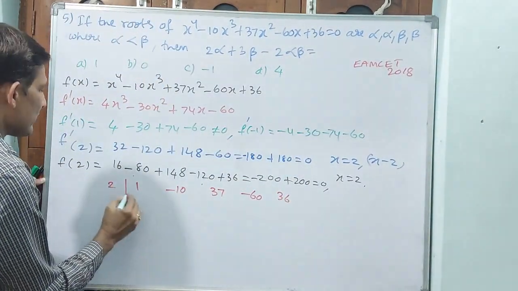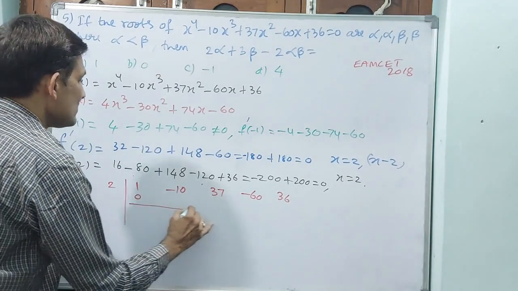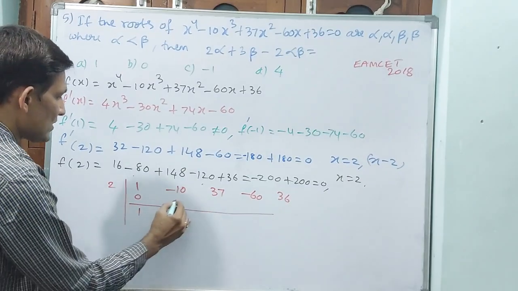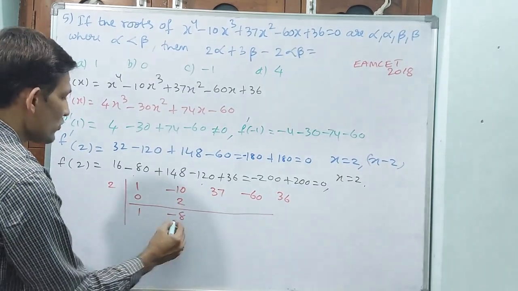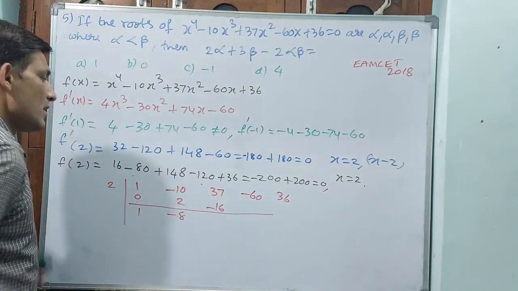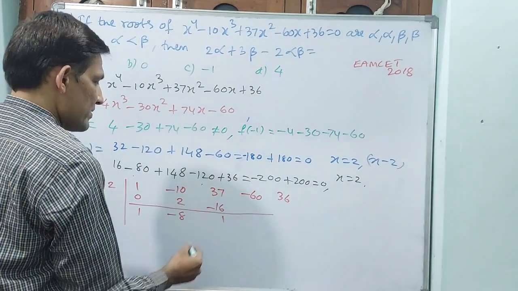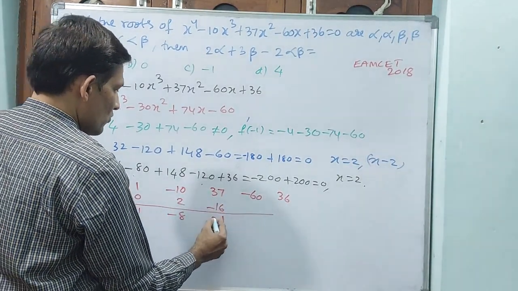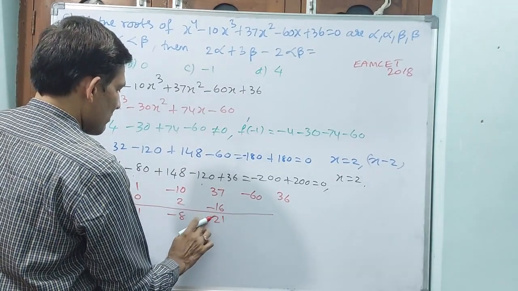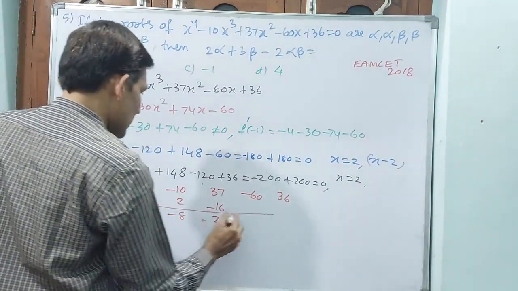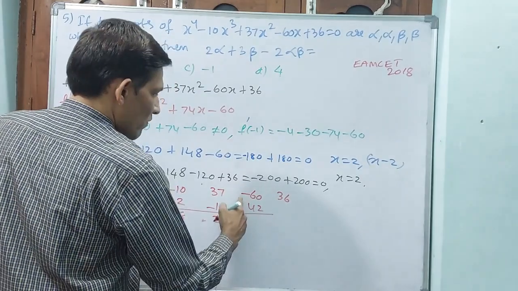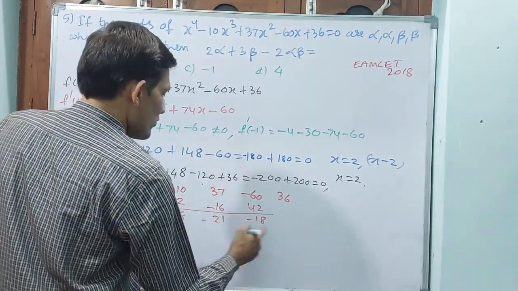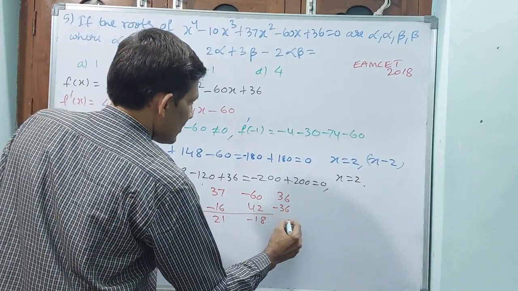I am going first to see 2 zeros are 0. 1 plus 0, 1. 2 into 1, 2, minus 8. 2 into minus 8, minus 16. 1 and 3, 2 minus 20. Plus 21. Plus 21 means 42 will come. 42 means 18 will come, but minus will come. Minus 18. That means 2 into minus 18, minus 36, 0 will come.